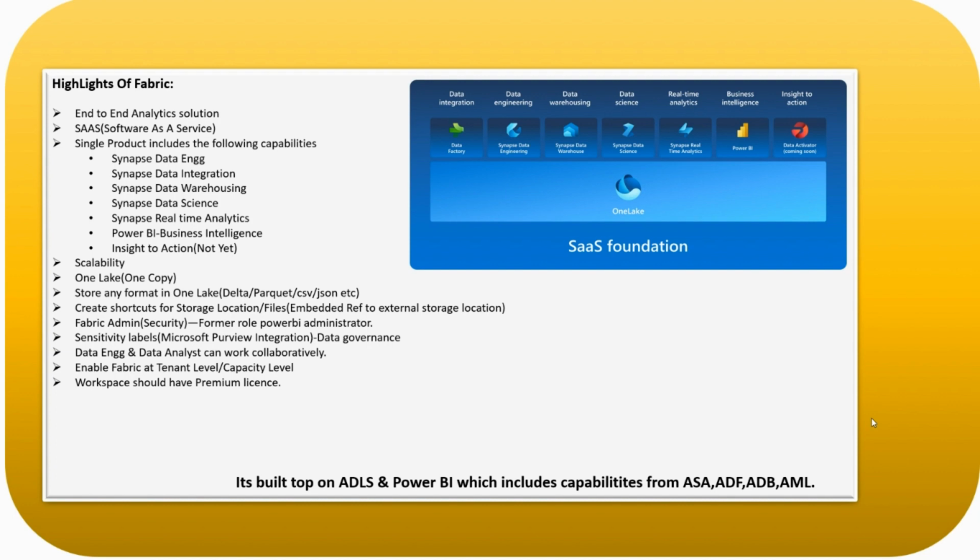A workspace is a high-level container which manages all the workloads happening inside it. It is the same as in Azure Synapse Analytics: in Fabric also we need to create a workspace, and the workspace must have a premium tier.